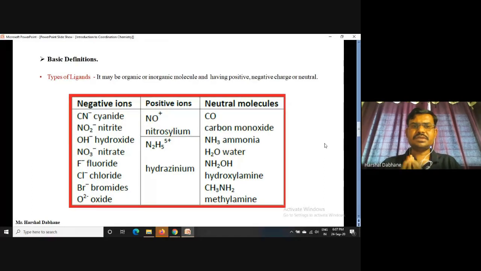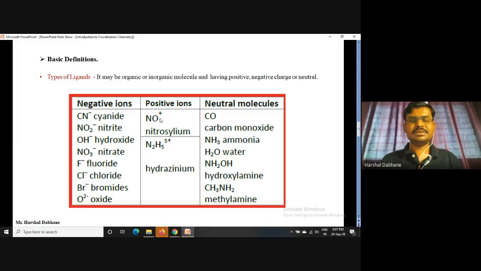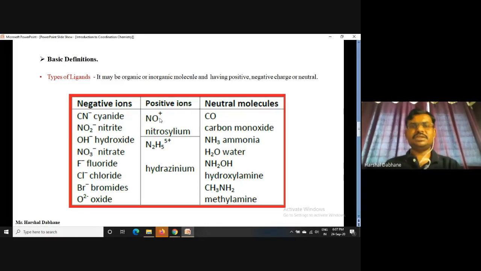Whenever we have a negative charge, it is a negative ligand. There are very few positive ligands, only two in our syllabus. And then finally we have the neutral molecules.